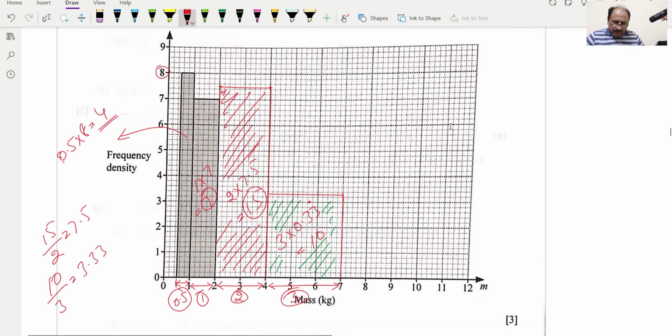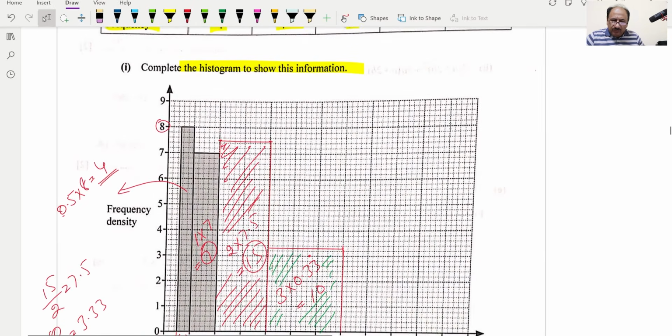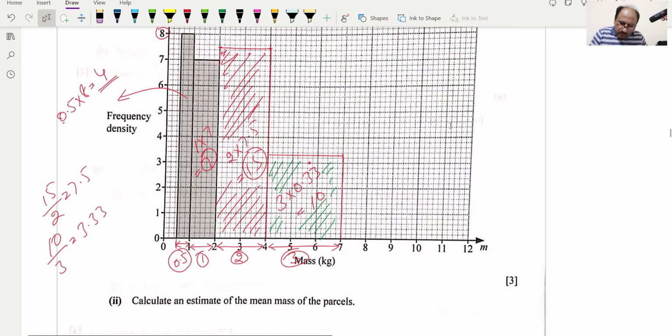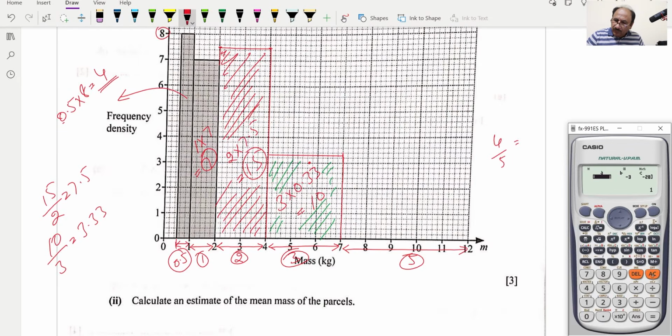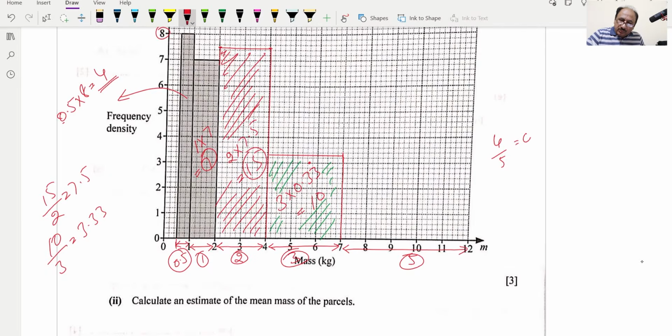Next thing, the last one I think, is 7 to 12, which is 4. So 7 to 12 is this one, which is 1, 2, 3, 4, 5 units. And so we will divide 4 by 5, and this will be equal to what? 4 divided by 5 will be equal to 0.8. So 0.8 will be the height of the bar.